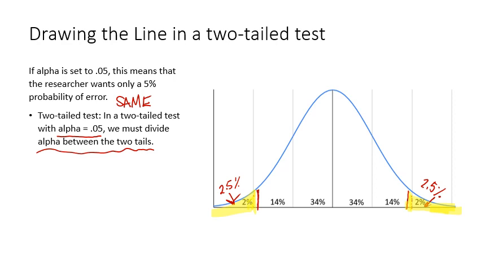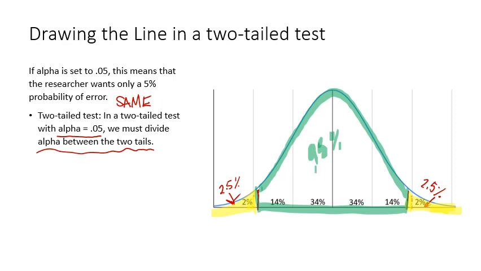We still have, in this case, 95% of the scores in this center region, and we're still going to call that center region our fail region, where the researcher is unhappy because he cannot reject the null hypothesis.